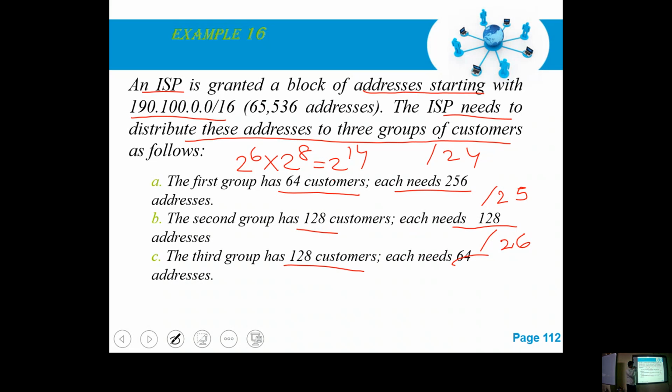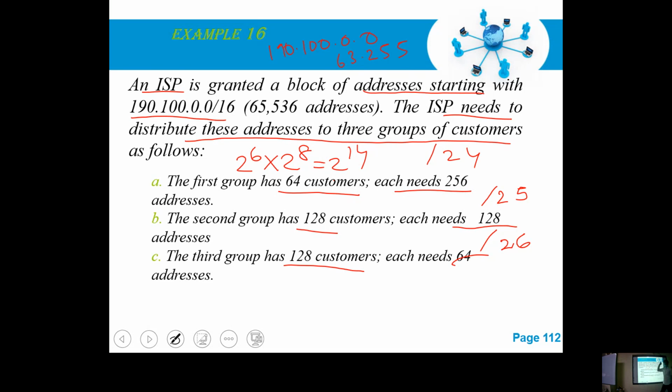So 2 power 14 means I need to consider 14 ones. 14 ones means it will be 64 dot 0. So first block will have from 190 dot 100 dot 0 dot 0 to 63 dot 255.